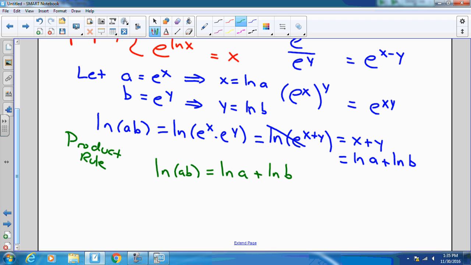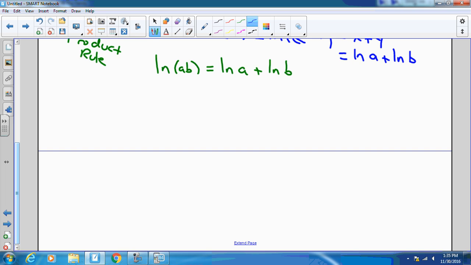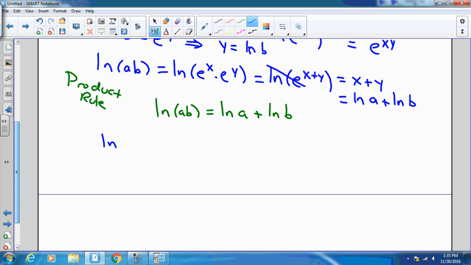Well, this sets us free to do the same thing with other properties as well. So if I have the log of a quotient, same idea. I can replace A with e to the x, I can replace B with e to the y, and use my quotient rule for exponents.